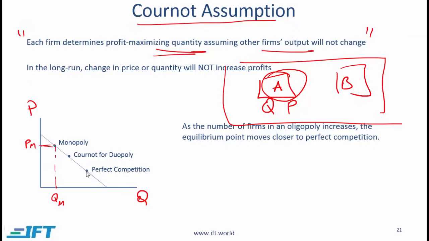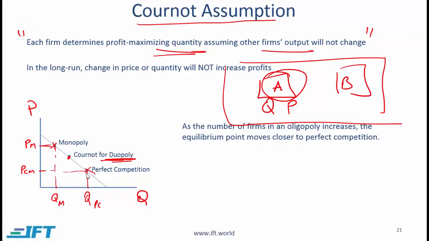With perfect competition, the price will be the lowest and the quantity under perfect competition will be the maximum. With the Cournot assumption, with a duopoly, the price and quantity would lie somewhere in between the monopoly equilibrium and the perfect competition equilibrium point.